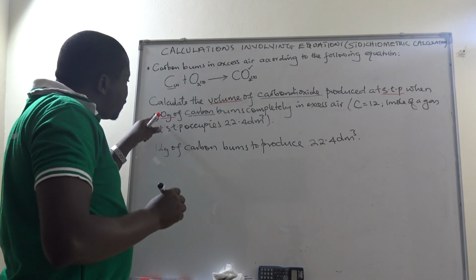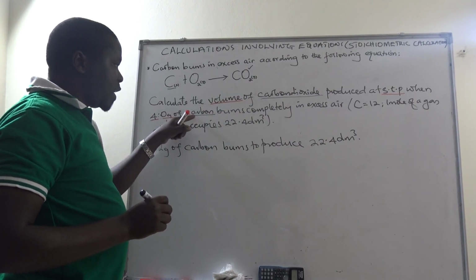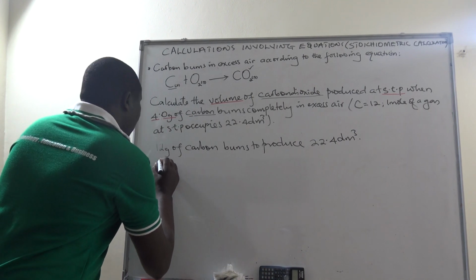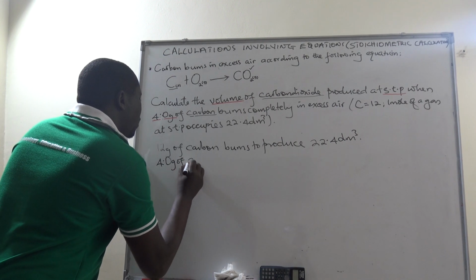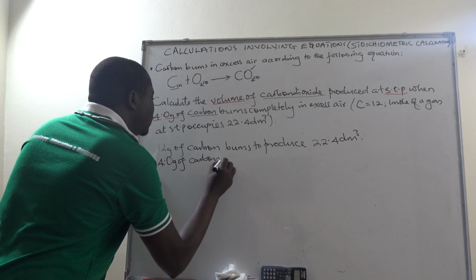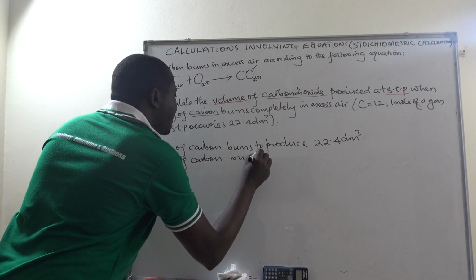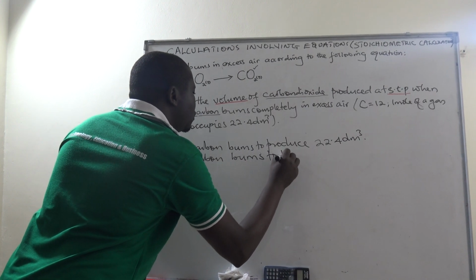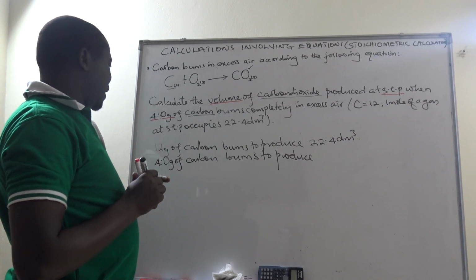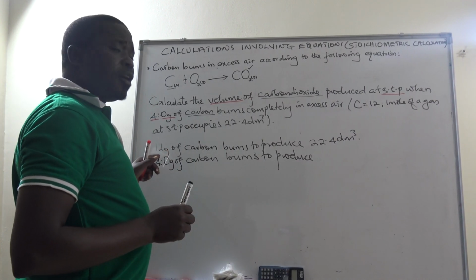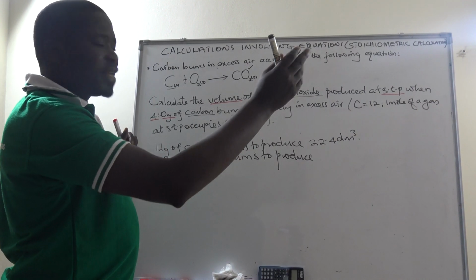And then what of this mass of carbon which has been given? So the 4.0 grams of carbon, this one here, burns to produce. Then we look at this. In this case, we shall cross multiply directly.